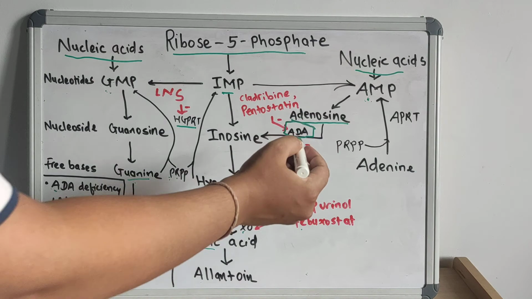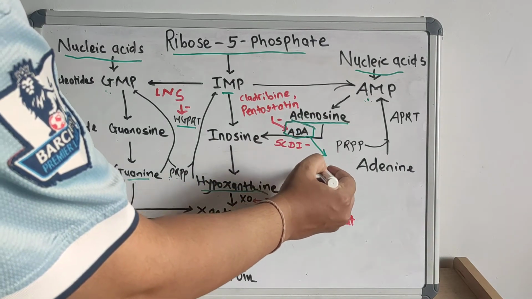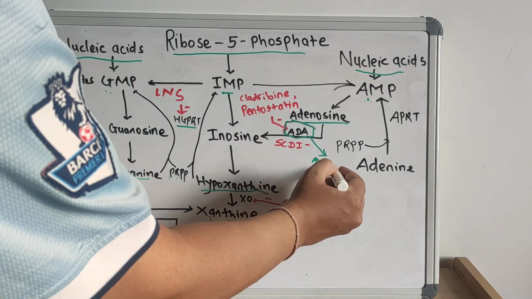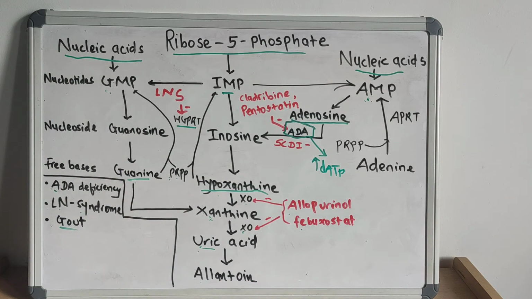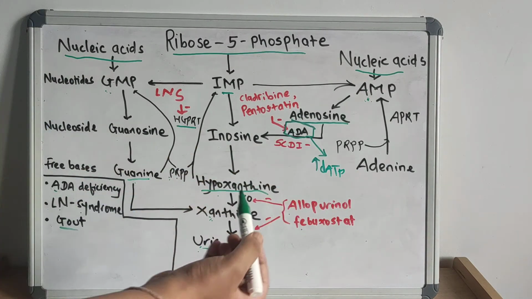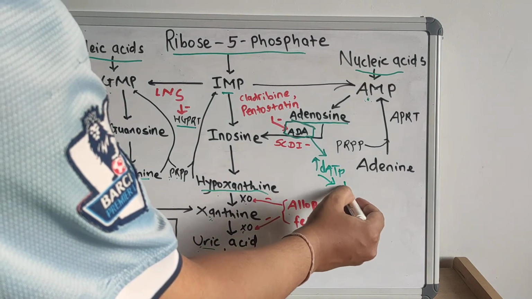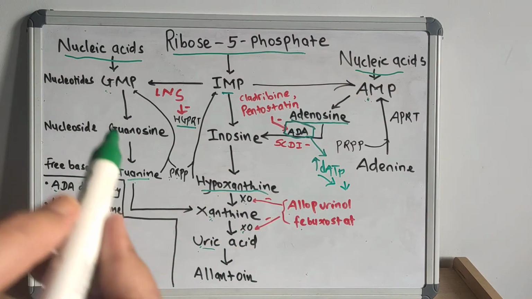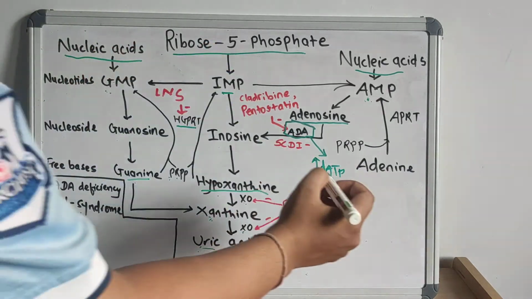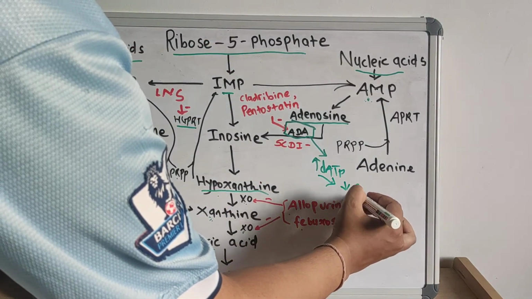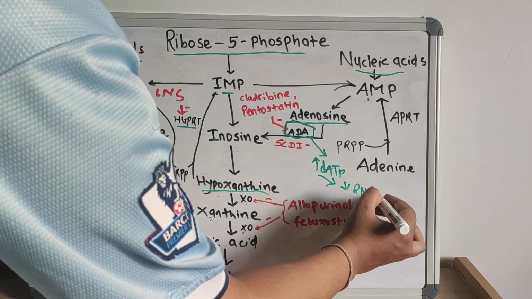then there is an increase in dATP. And an increase in dATP leads to a decrease in ribonucleotide reductase activity.